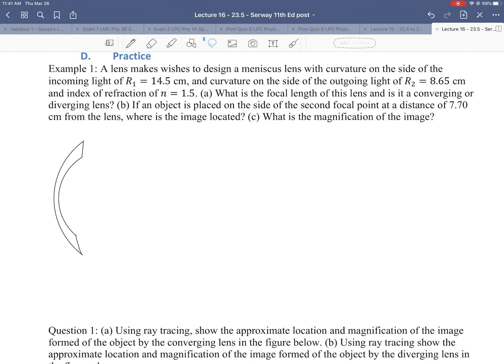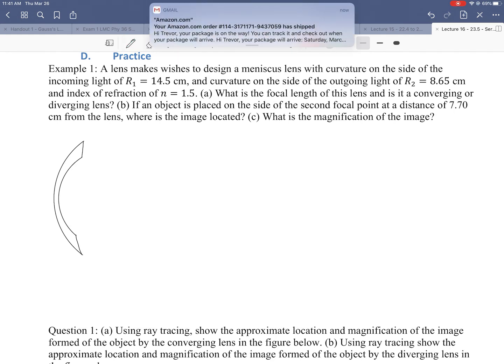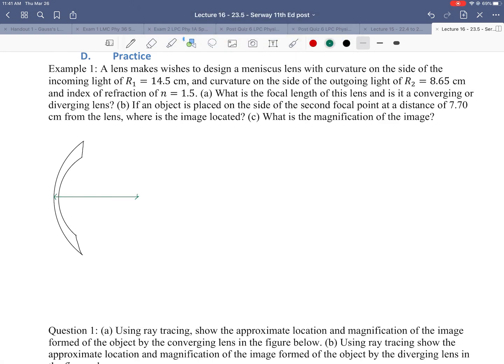So what is the focal length of this lens, and is it converging or diverging? Okay, so we just need to solve for f. I do want to draw in the two radii, so let's go ahead and do that real fast. So for the first one, we'd have our R1 value, so this would be R1.